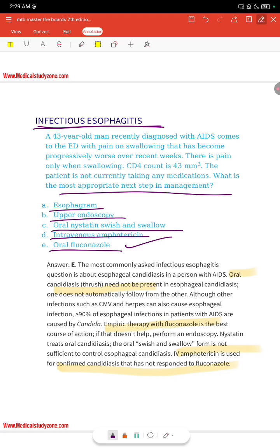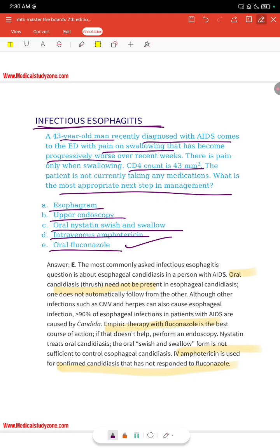So it is a 43-year-old man who was recently diagnosed with AIDS. He is experiencing pain on swallowing, progressively worse over recent weeks. CD4 count is 43 and he is not currently taking any medications.